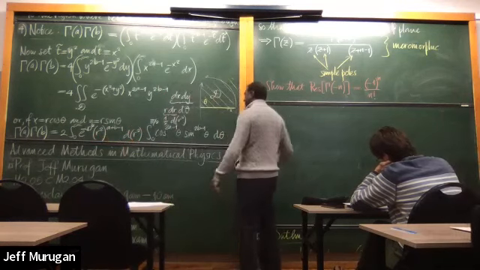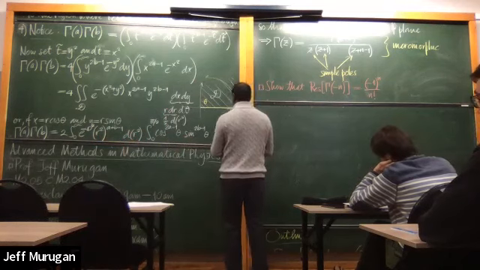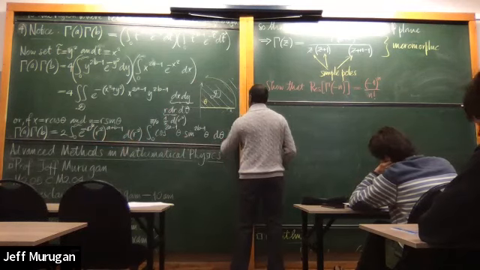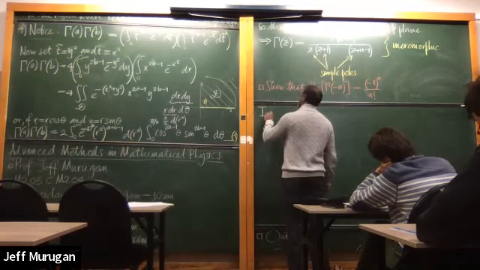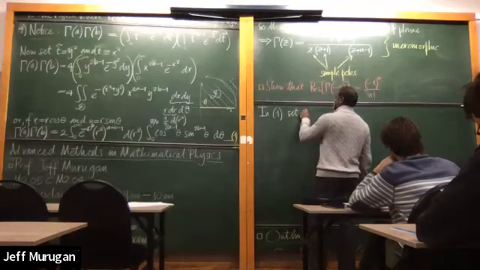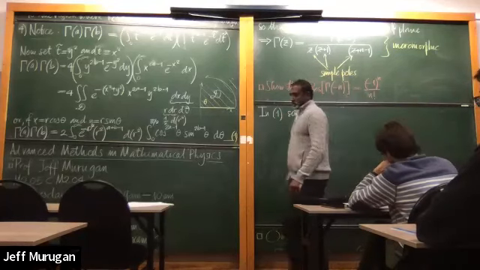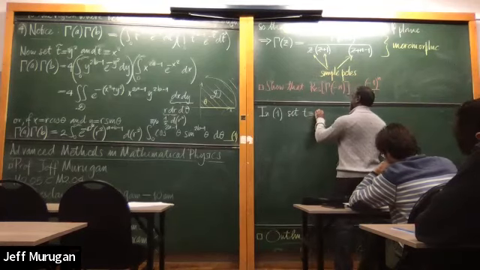Okay. So now let's label this equation. So in equation 1, let's set t equal to sine squared theta.